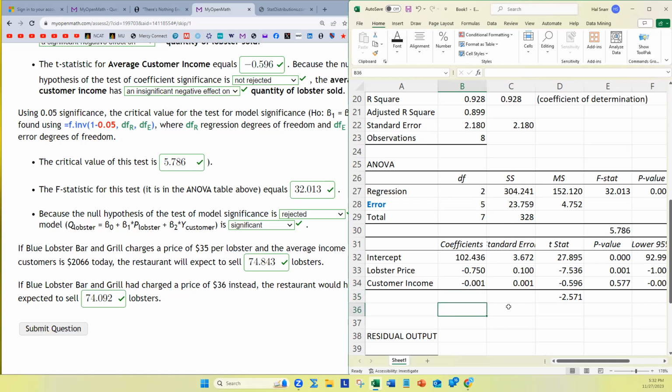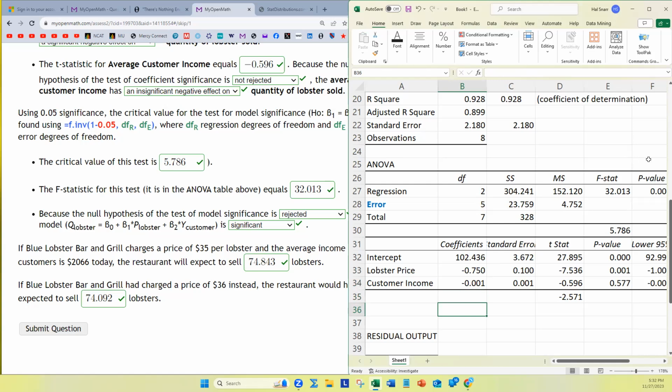Now that's a huge amount of money for a 2-week period, right? Huge amount of money. And that large change in customer income is having a very small impact on lobster sales, right?